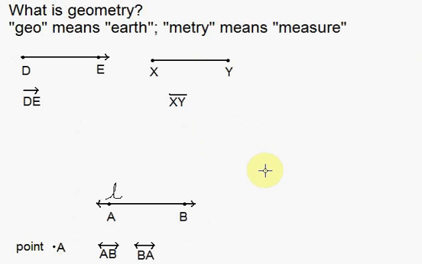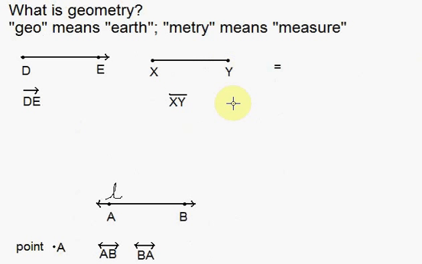When we're talking about line segments and different things that we'll be talking about later, we will use the word measure. If two things have the same measure, then they are said to be equal. So if I had another line segment here that was exactly the same length, I would say that their measures are equal.